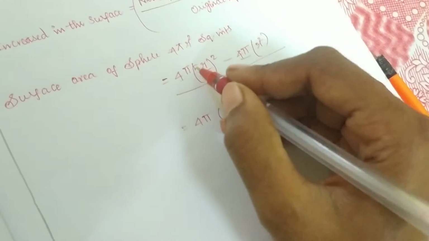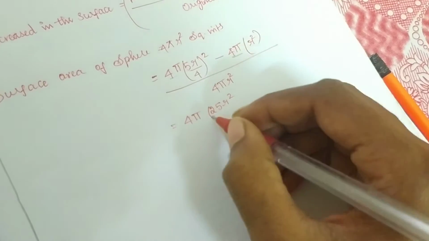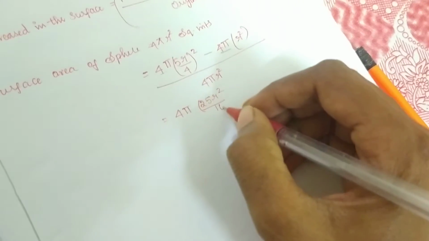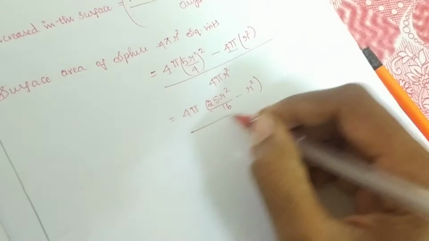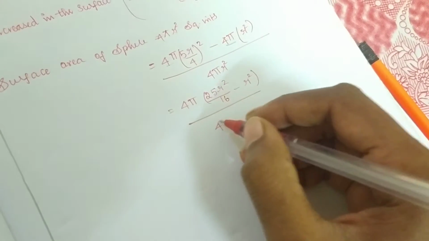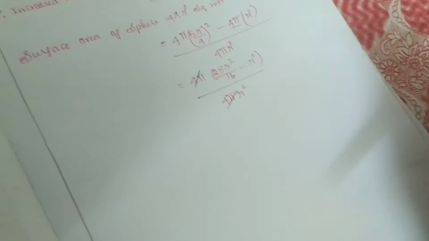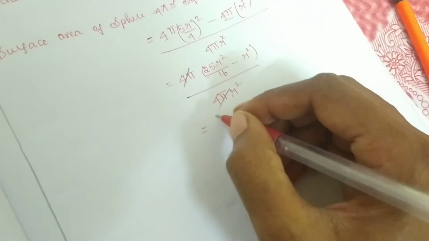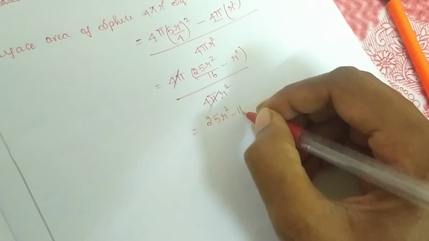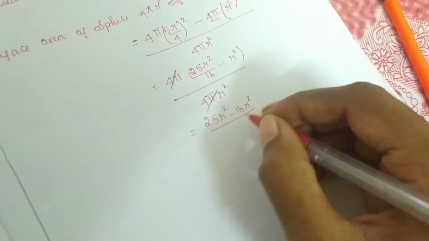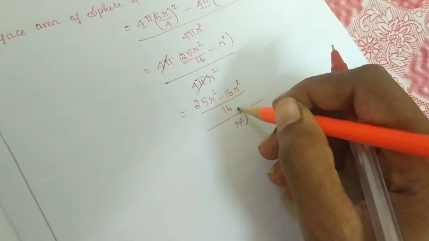So what am I getting? Squaring this, 5 square is 25, r square, and 4 square is 16. Then minus r square, by 4 pi r square. So this 4 pi cancels. So 25 r square by 16, and we take LCM: 16 r square.